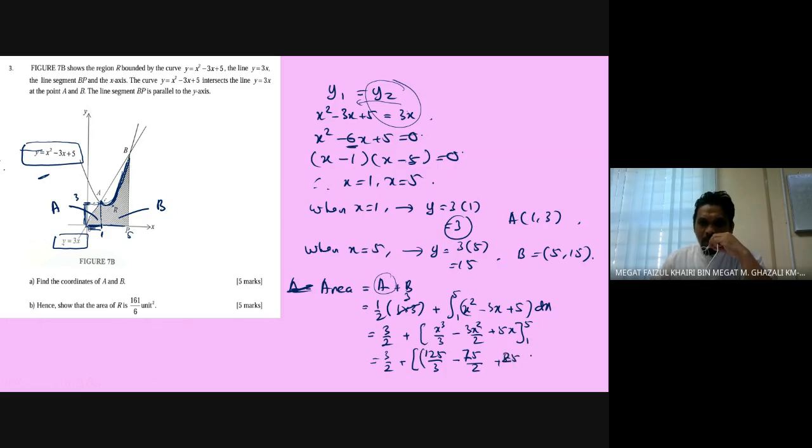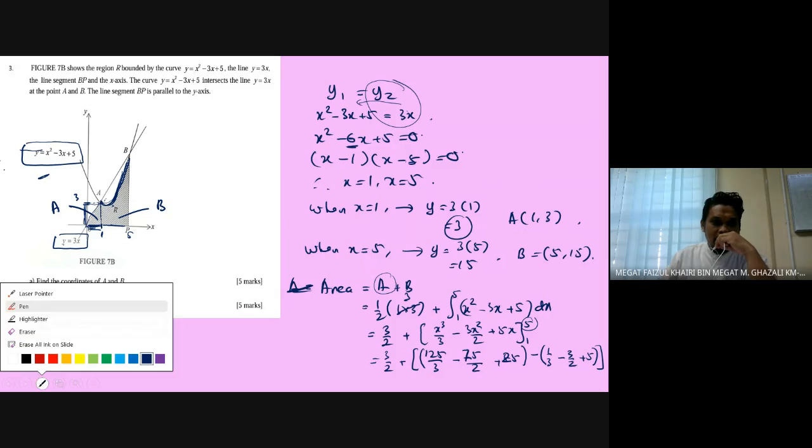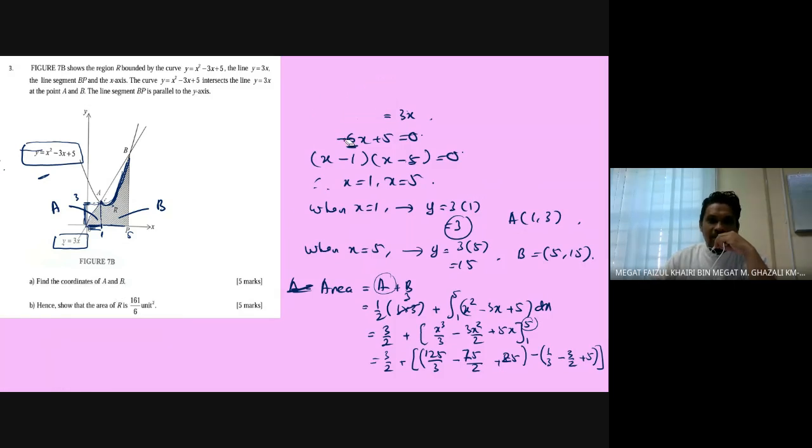Then minus, substitute x with 1: 1 over 3 minus 3 over 2 plus 5. Okay, so I think I need to clear this first. Let's bring up the calculation on the top of this page.